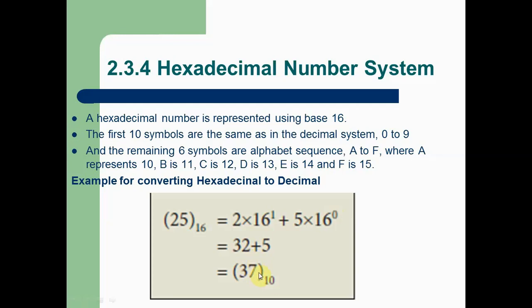For example, if the question is 2F, then if the letter F is given, you should use 15, because F is represented by 15. If the F is replaced with D, then you should use 13 here. If the F is replaced with A, then you should use 10 here. So this is the simple example to convert any hexadecimal number into the decimal number system.